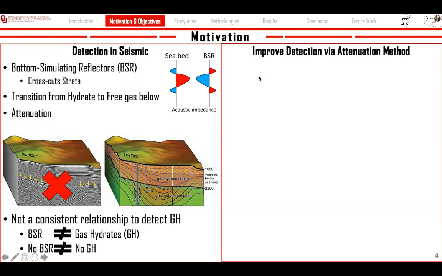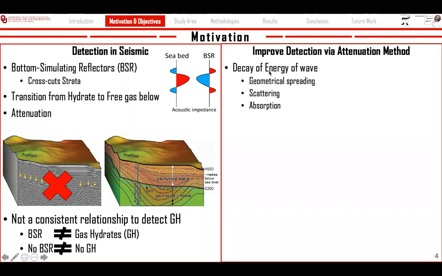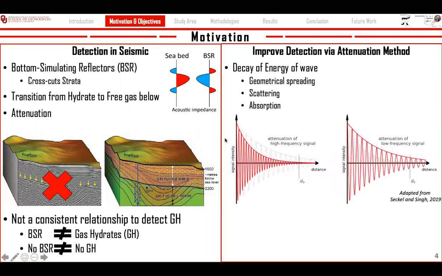So my motivation for the study is to improve the detection of gas hydrates and bottom simulating reflectors, and particularly gas hydrate systems as a whole, using an attenuation method. Attenuation can be described as the decay of energy of a propagating wave due to geometrical spreading, scattering, and absorption of wave energy by sediment particles in the subsurface.